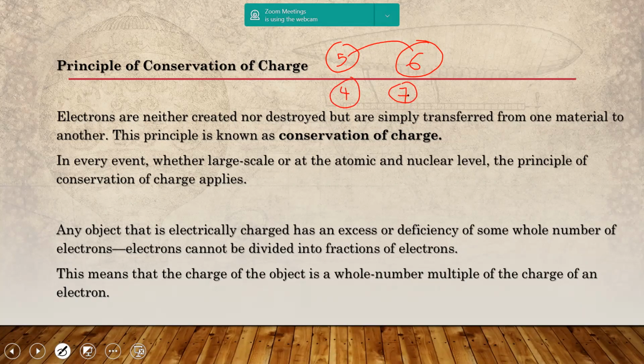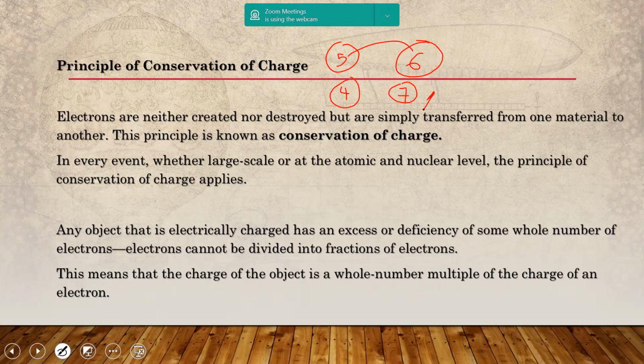Nothing is created. What does it mean? That means I will not give 1 and they receive 2, or I give 1 and they receive 0.5. Electrons are neither created nor destroyed, but are simply transferred from one material to another.